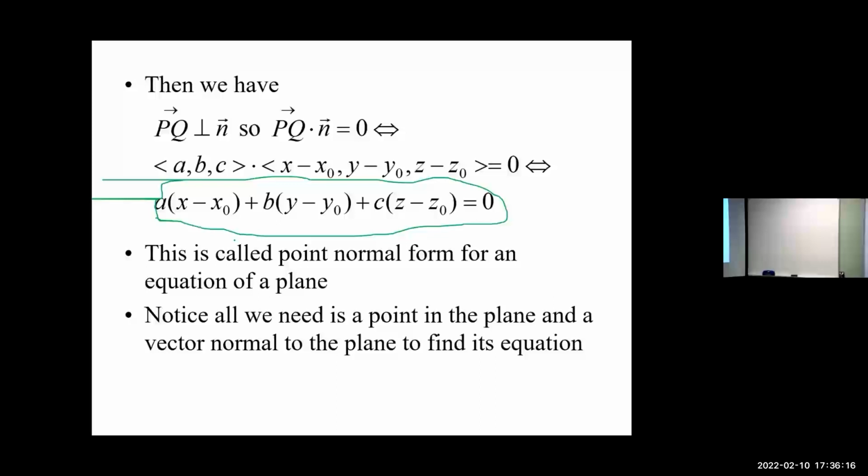So this is brilliant. We're going to use this often. We don't need to derive the point normal form of a plane anymore. We can just use it. We can say, oh, I've got a normal vector and a point. Boom, there's my plane. It saves a lot of time.